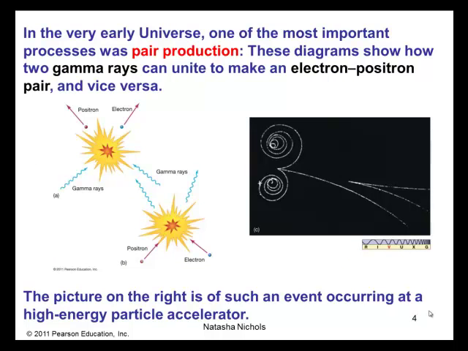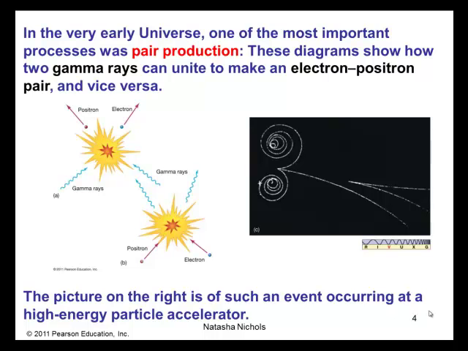In the very early universe, one of the most important processes was pair production. These diagrams show how two gamma rays can unite to make an electron-positron pair and vice versa.